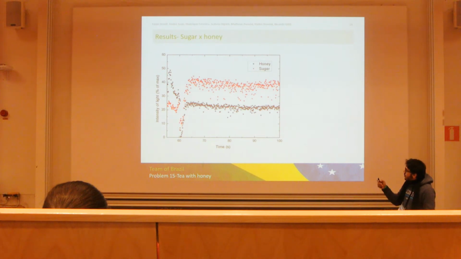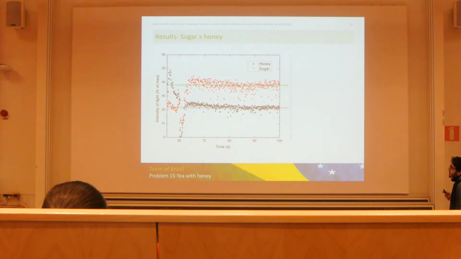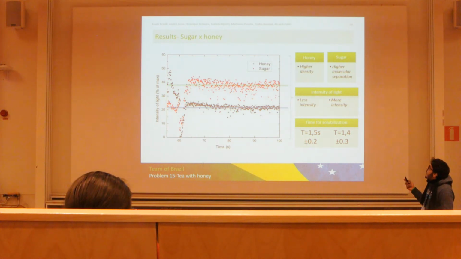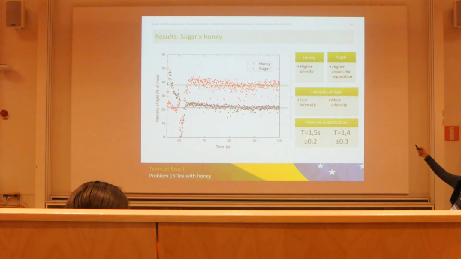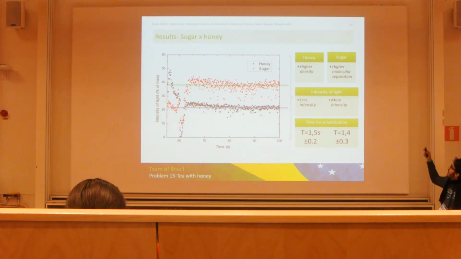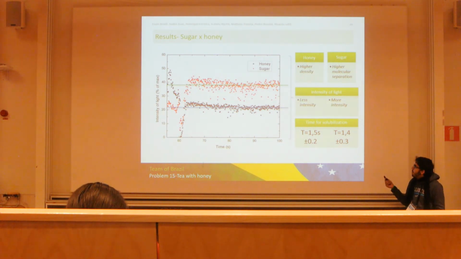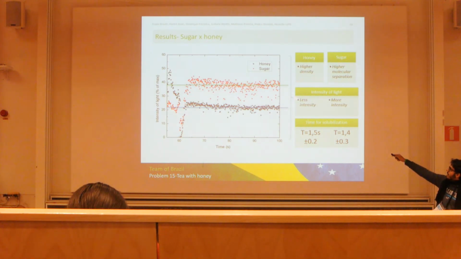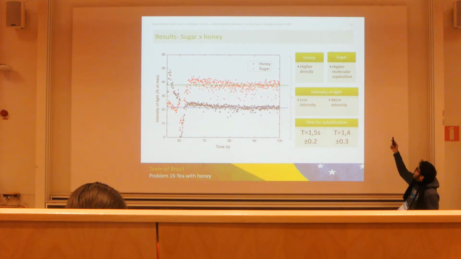Now comparing both sugar and honey, as you can see here, they establish themselves with 2 different plateaus. And here we consider this because we consider honey as having a higher density and sugar having a higher molecular separation. And this intensity of light is directly refracted by it, because you can see there's less intensity of light reaching the other side with honey and more intensity reaching the other side with sugar.